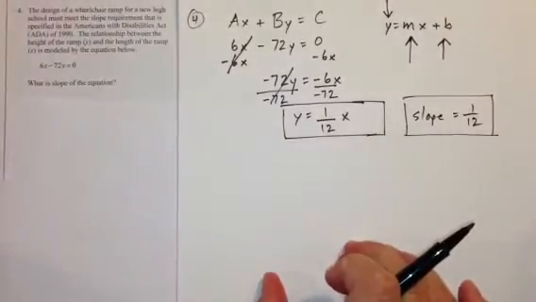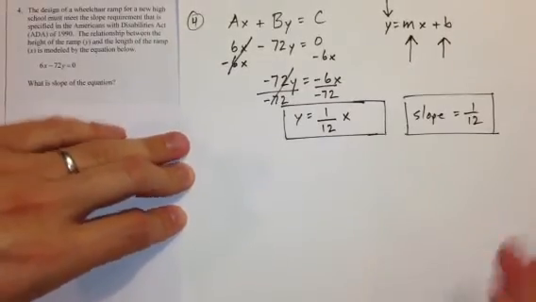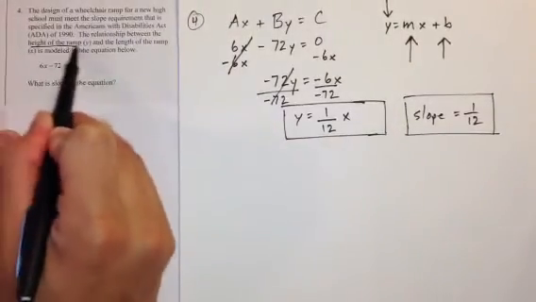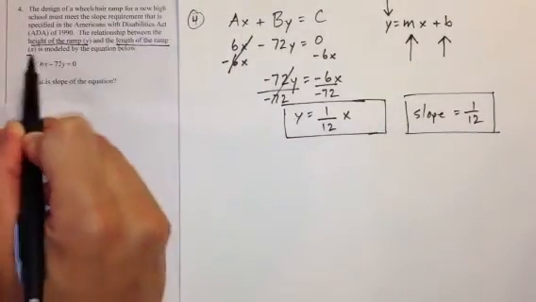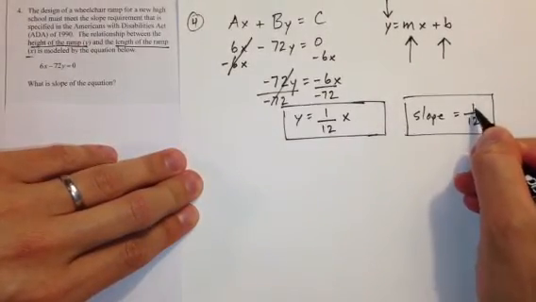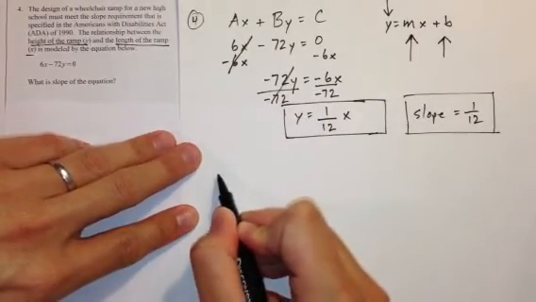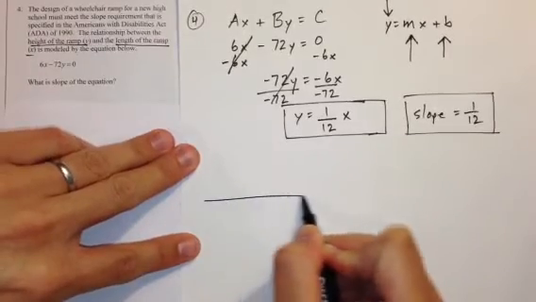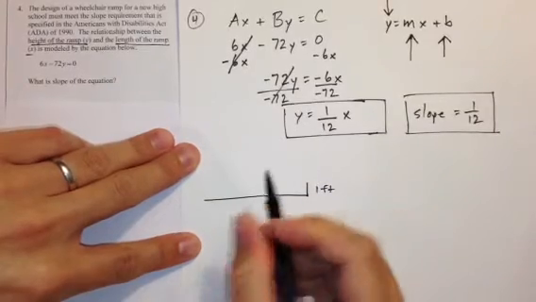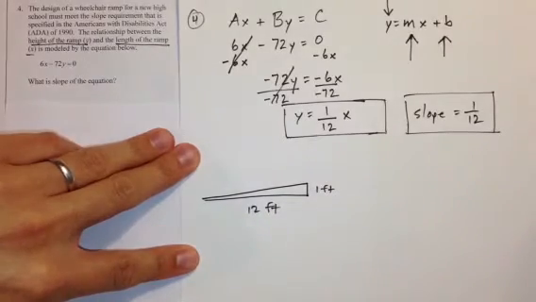Now let's think about that in the context of the problem. What does this mean? Well, think about a wheelchair ramp. The height of the ramp is y, and the length of the ramp is x. What this means is that for every 1 foot you want to go up, let's say you want the wheelchair ramp to be this high, if you want it to be 1 foot high, it has to be at least 12 feet long.